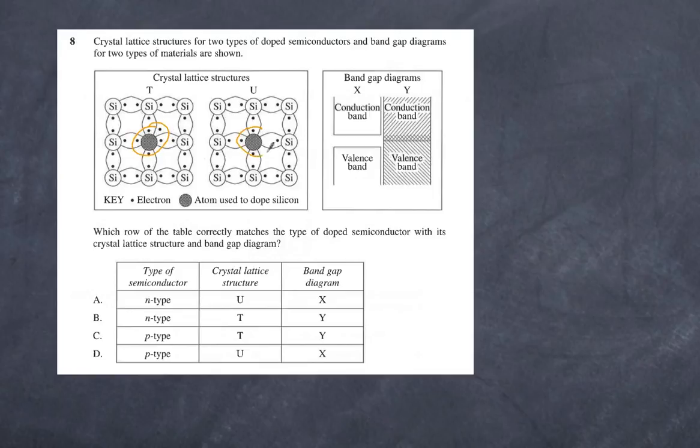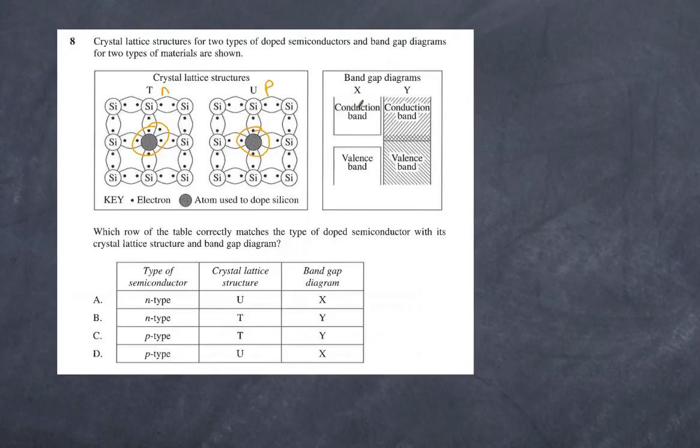We have only 3 here. That automatically confirms that this must be an N-type because we have a dopant with a valence of 5, phosphorus being a good example. On this side, we have only 3 valence electrons, so we have a dopant like boron, for example, with a valence of 3, and this is clearly a P-type.